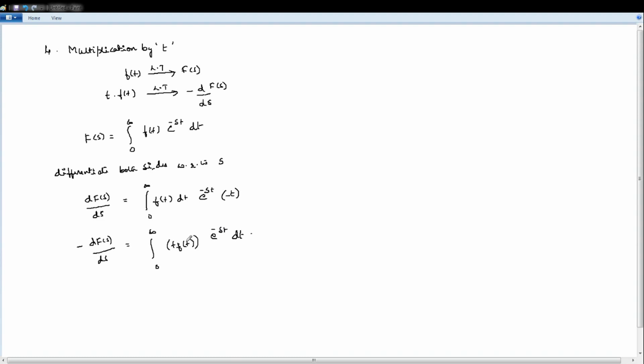So this is the t which I have written here. f of t is this one, and the minus I have taken to the other side, and e power minus st dt. The Laplace transform of f of t is F of s, which is the integral from 0 to infinity of f of t e power minus st dt.